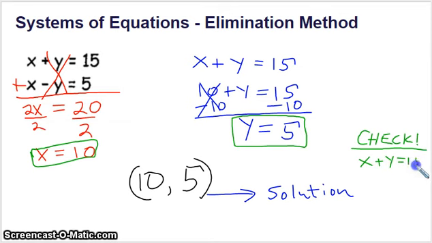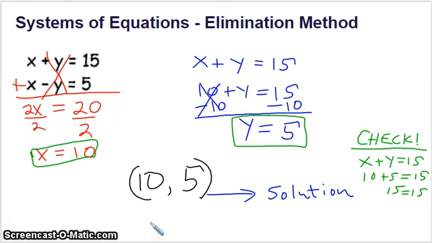You really don't even need to write anything down. You could use mental math here. Our value of x was 10, value of y was 5. Sure, 10 plus 5 is 15. 15 equals 15. And for good measure, you certainly could put it into both equations. You'll find out that it will equal 10 minus 5 equals 5 if you look at the equation over here. So it's always good to check, no matter what method you use.